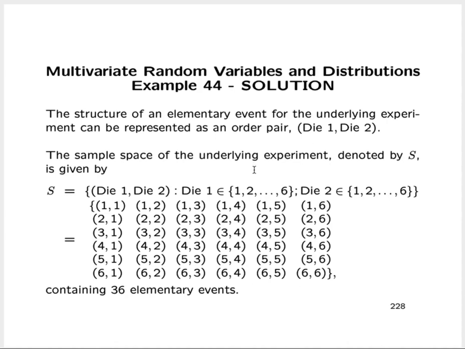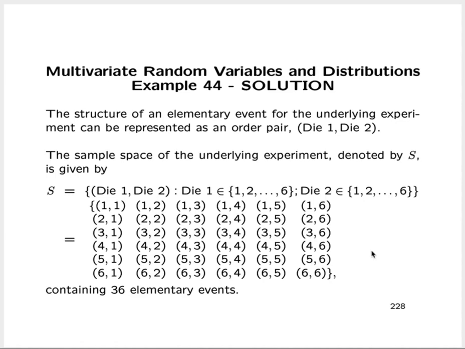The sample space of the underlying experiment, which we'll denote by cap S, is given by the set of all ordered pairs (die 1, die 2), where die 1 ranges from 1 to 6 and die 2 ranges from 1 to 6. And that generates this set that contains 36 elementary events for the original experiment.